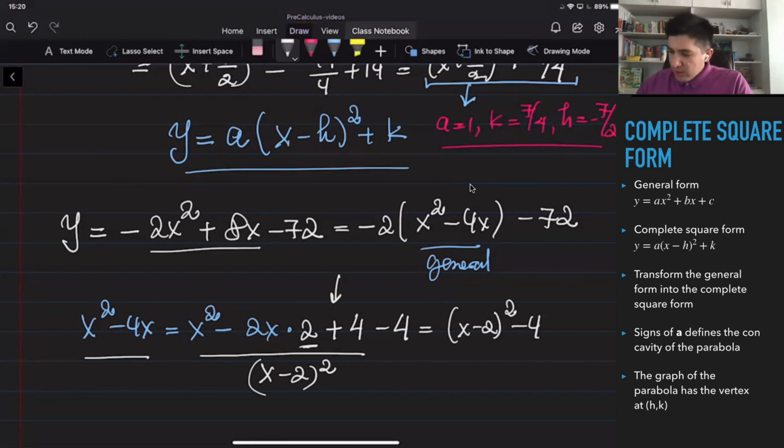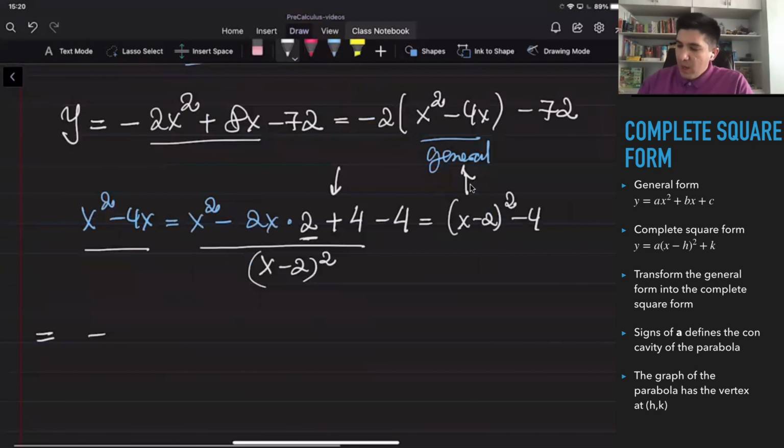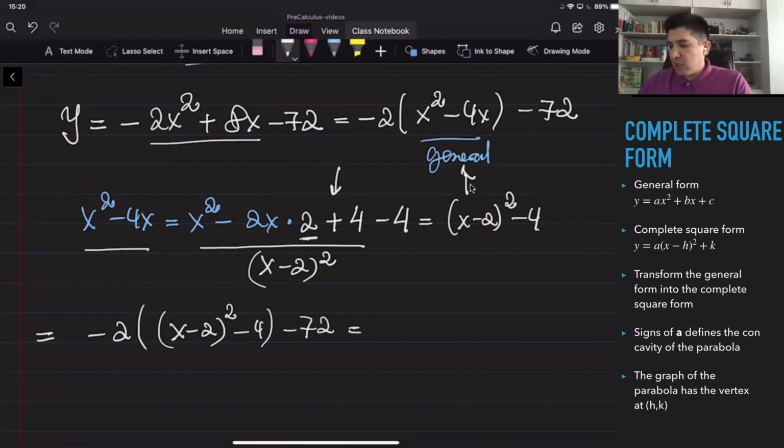So what I'm going to do is I'm just going to substitute this to here. So let's just put it to here. Okay, so it is going to be equal to minus 2 times x minus 2 in the square minus 4, minus 72. If you open up the brackets, it is going to be minus 2 times x minus 2 in the square plus 8 minus 72.